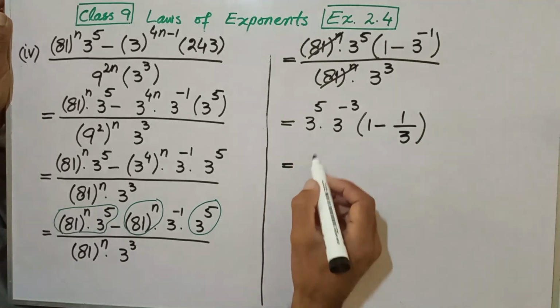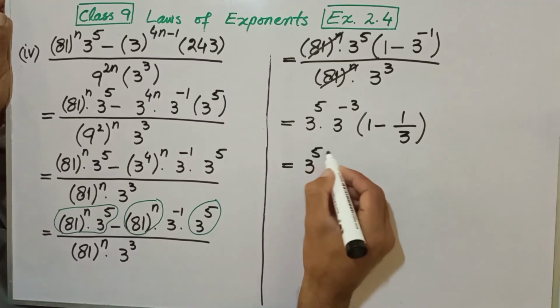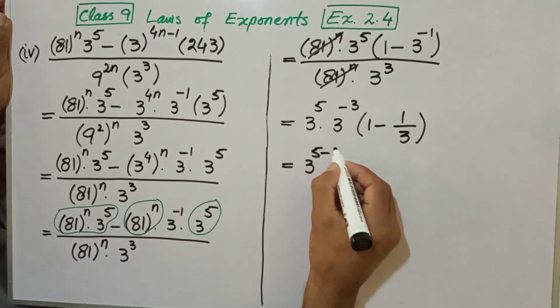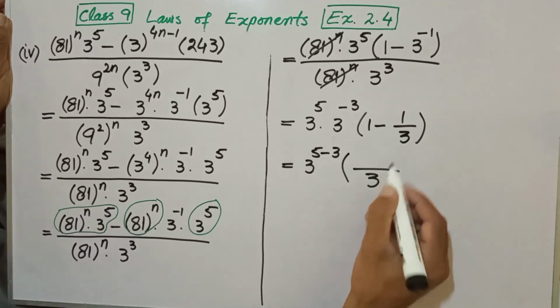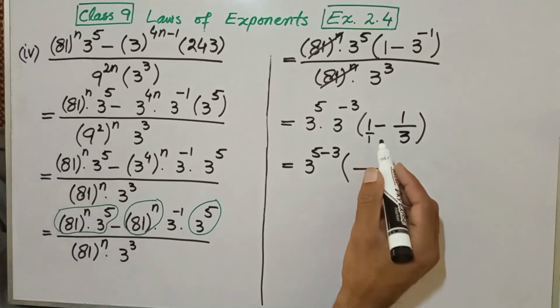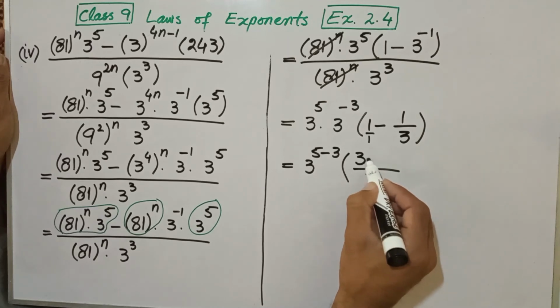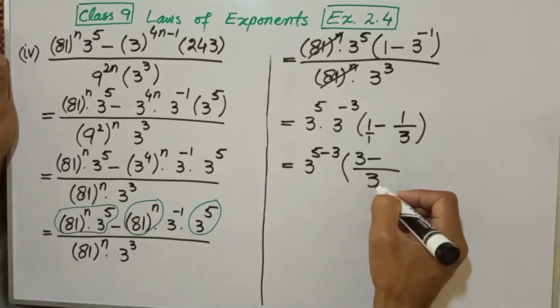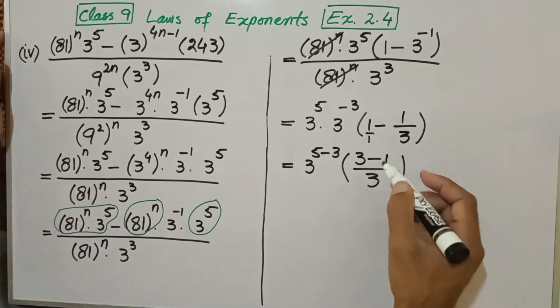Here the bases are same, so the powers are added. 3 power 5 minus 3 is 2. Simplifying, 3 is the LCM.